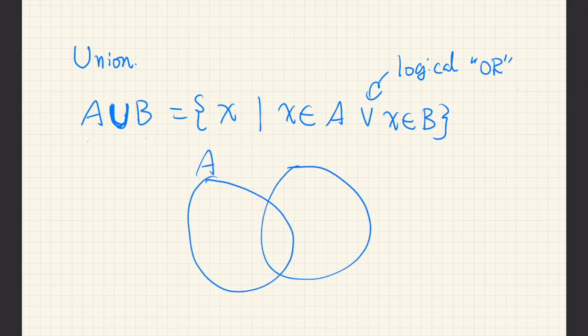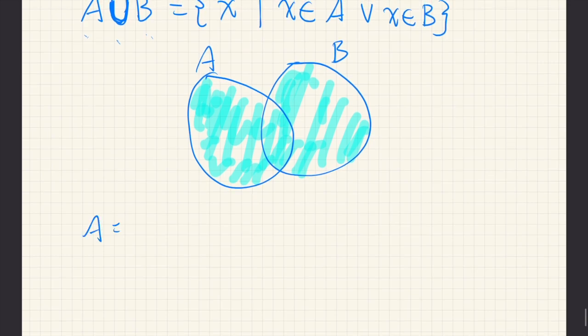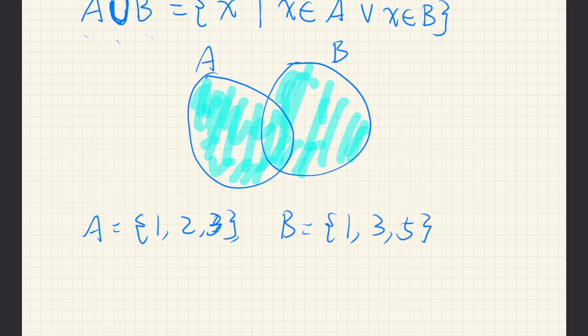Okay. So graphically, this means this, like this. So if we have set A and B, then the union between A and B is everything that is contained in either A or B. Okay, so this is A cup B or A union B. For example, if we have a set A as 1, 2, 3, and set B as 1, 3, 5, then A cup B is all elements that belong to either of these two sets.